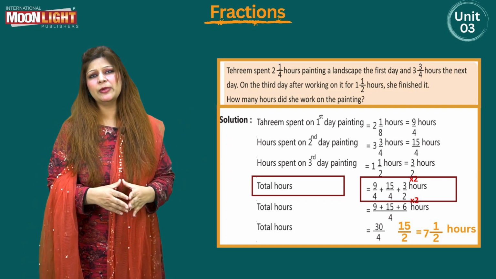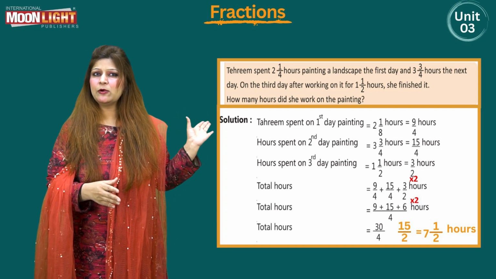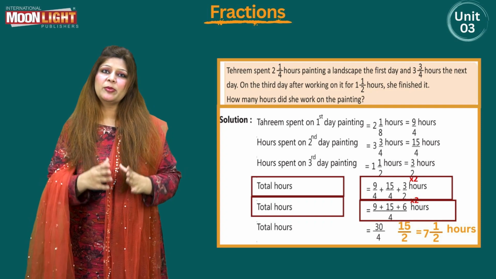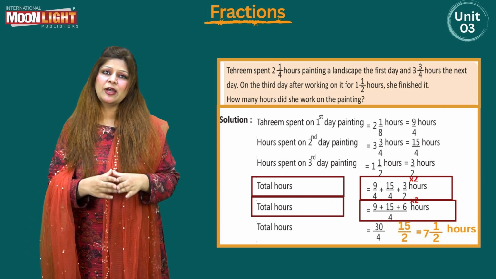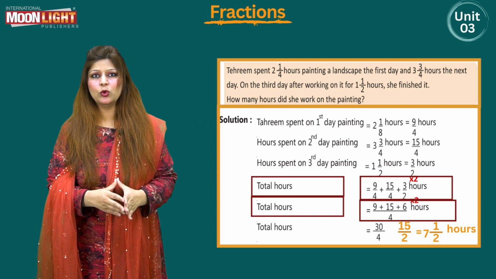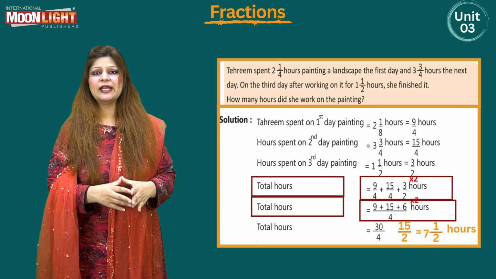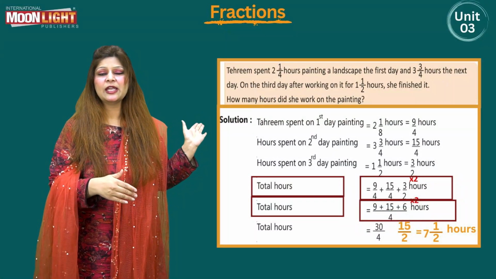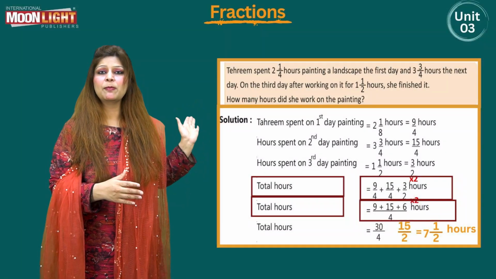So I'm going to make this third fraction an equivalent fraction with denominator 4, and you know that 2 2s are 4. So I'm going to multiply numerator and denominator by 2. By doing it, I will get 3 2s are 6, and 2 2s are 4, so 6 by 4.